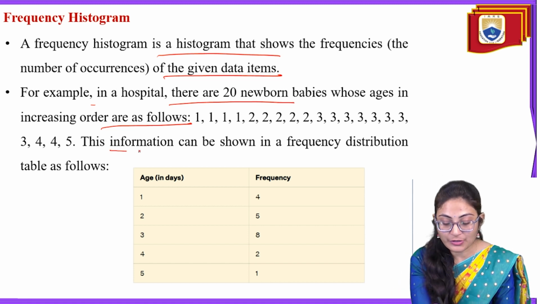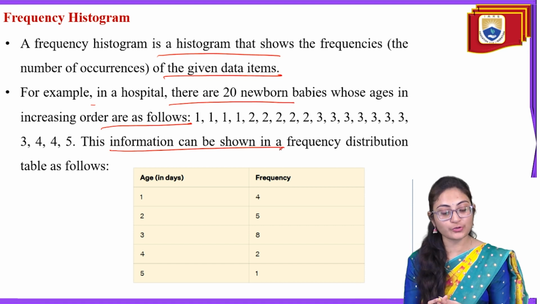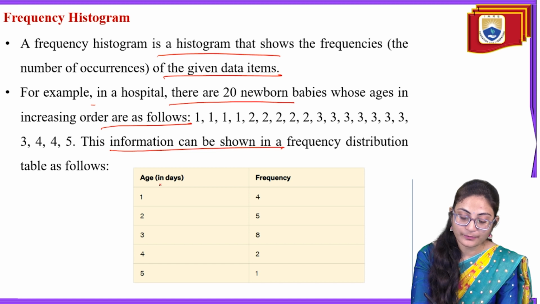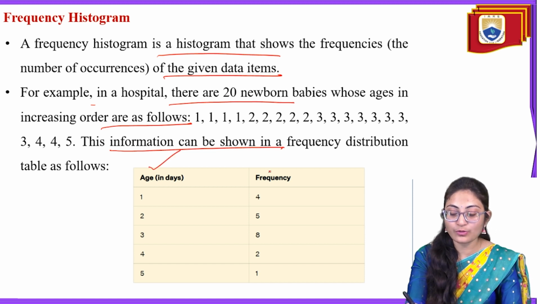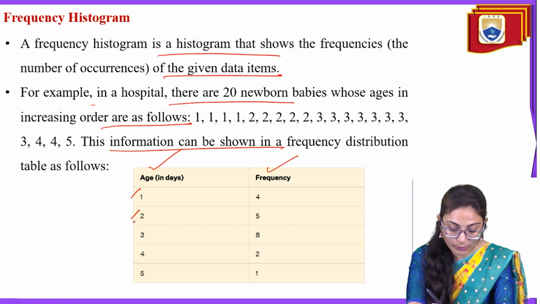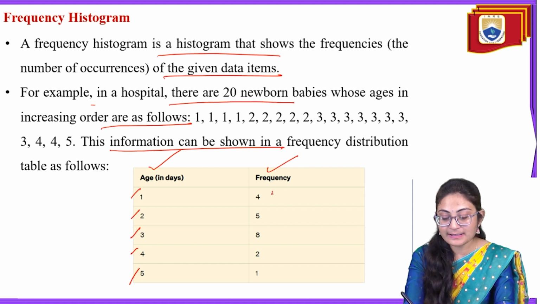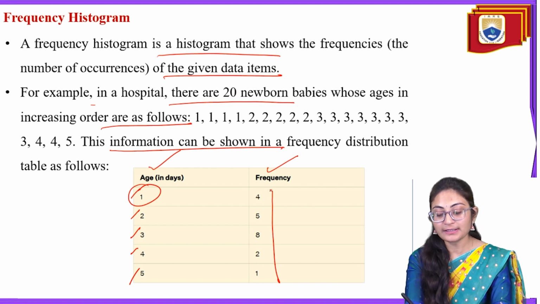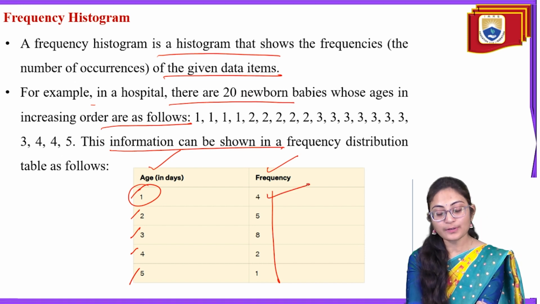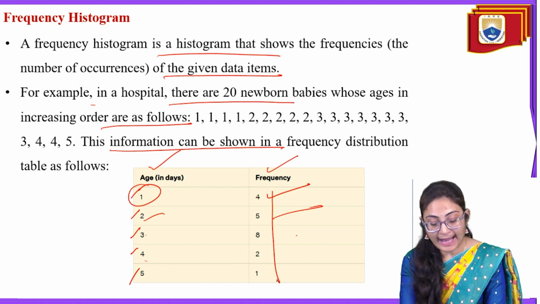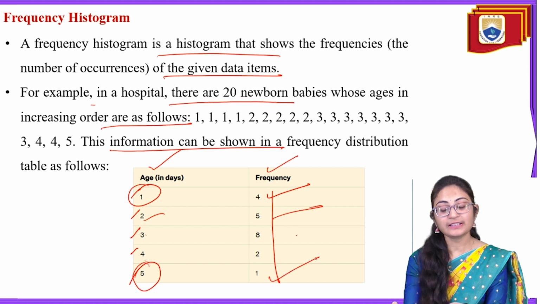This information can be shown in a frequency distribution table as in the following figure. There are 2 columns, age and frequency. The ages are 1, 2, 3, 4, 5 and the frequencies are: age 1 year is 4, then 2 is 5, 3 is 8, 4 is 2, and 5 is 1.